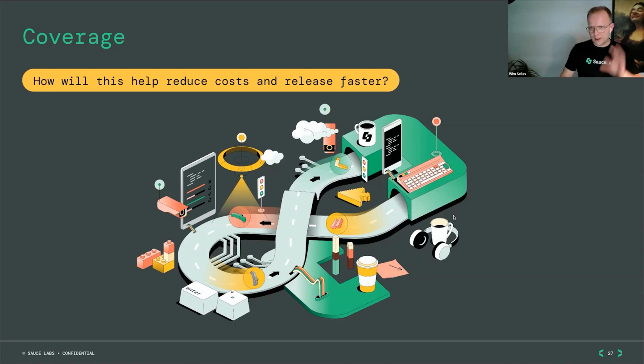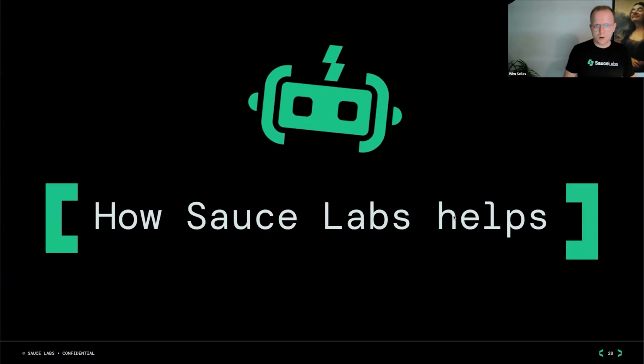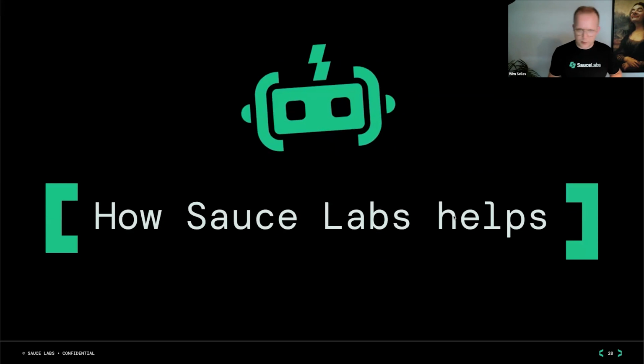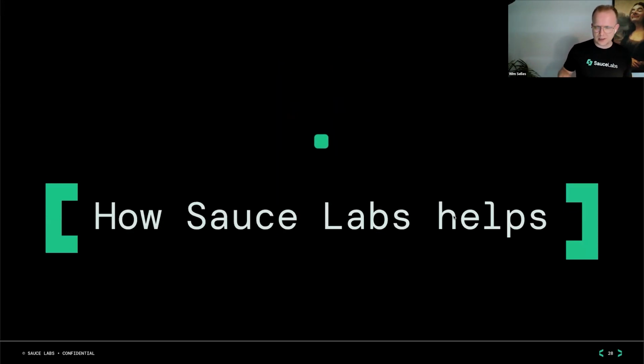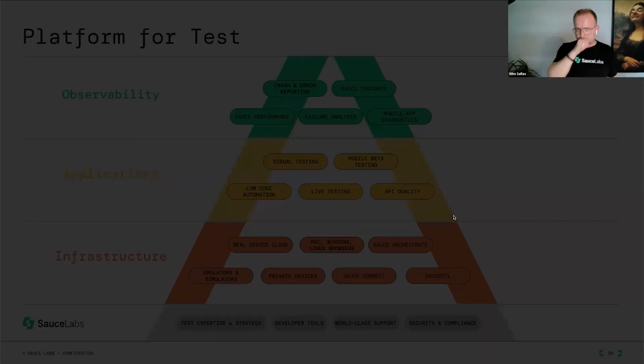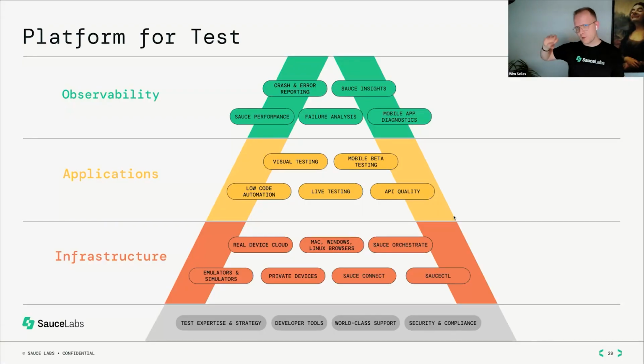So now that we covered this, how can Sauce Labs help you with this? How are we able to help you with these challenges? And for people who've never met Sauce Labs, or this is the first time that you're listening to someone from Sauce Labs, we are basically a platform for test. And at the bottom, the gray part, I would see as our foundation.